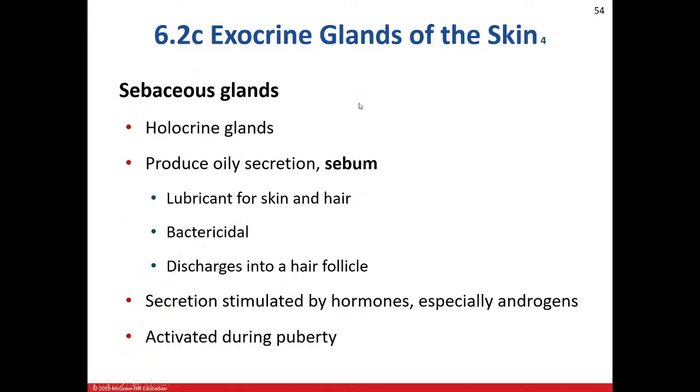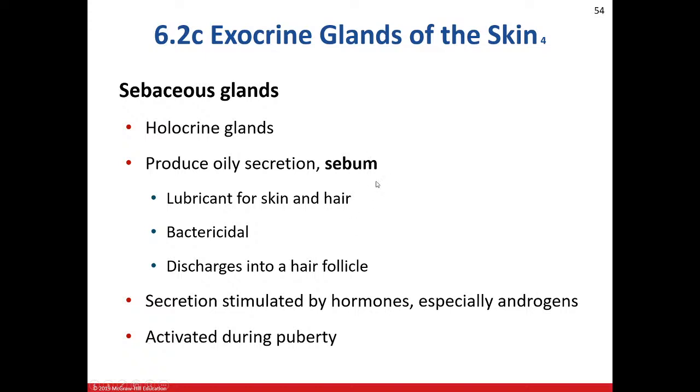Okay. Sebaceous glands. These are holocrine glands. Holocrine secretion is a destructive form of secretion, and so the cells will be destroyed as part of the secretory process. And the destroyed cells, though, that's the secretory product. That's what we're secreting. What we produce is known as sebum.